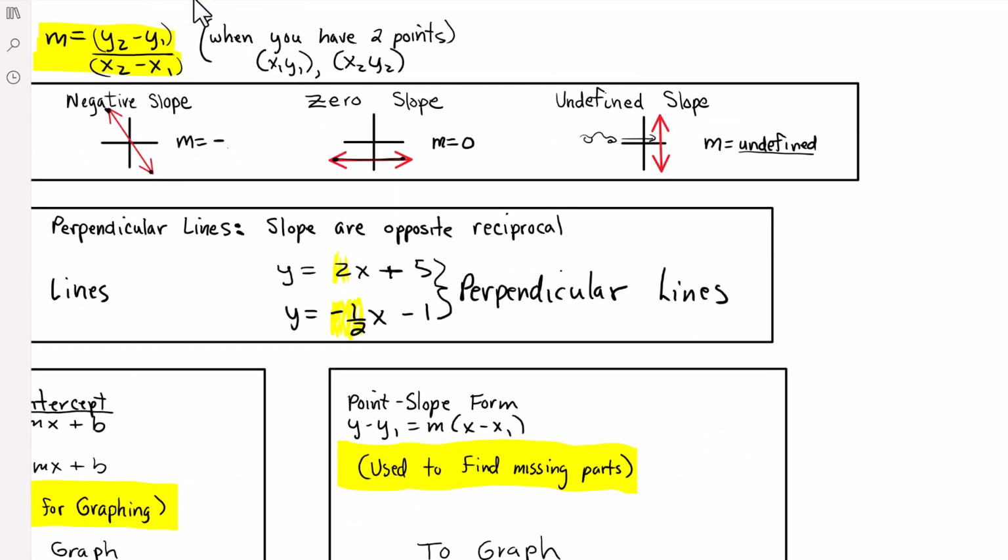When they're perpendicular, the slopes are opposite reciprocal of each other. So if one slope is 2, the next slope is negative 1/2, which is what we have right here. And let me draw the graph of that. So if we've got 5 and we go up 2 over 1, and then we're down here at negative 1, and that slope is down 1 over 2.